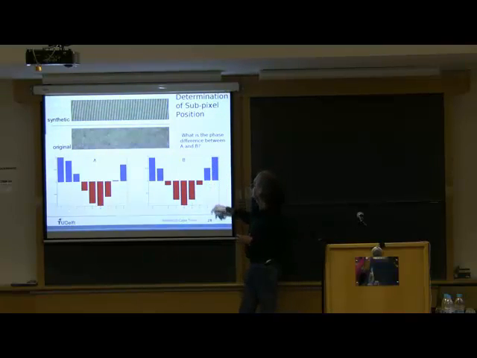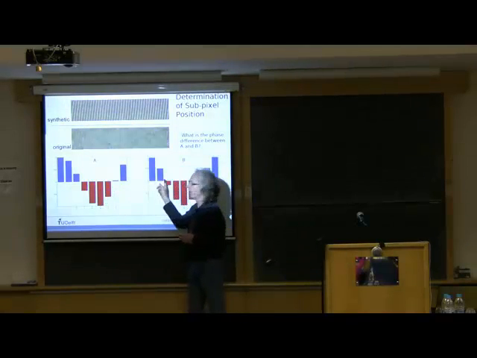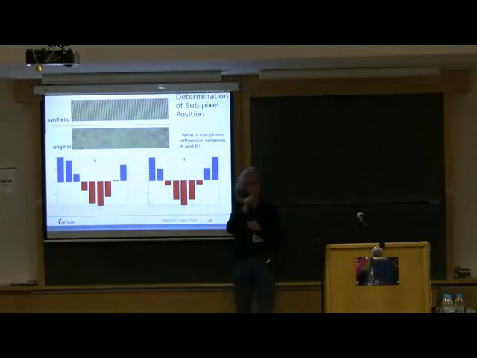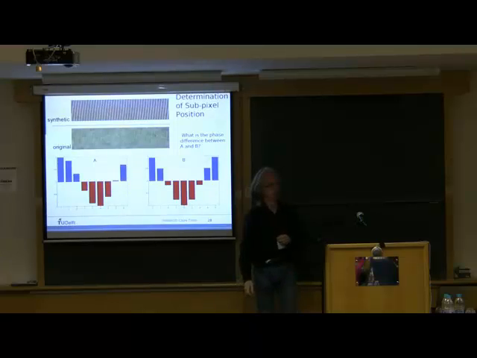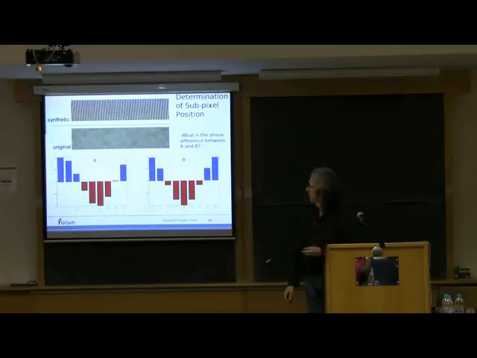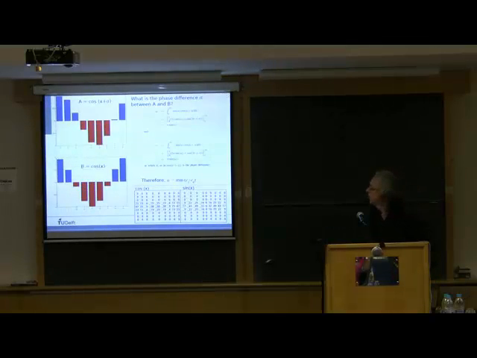What is the phase difference between this and that? This phase difference is my subpixel estimation. Okay. So what is the phase difference alpha between A and B, where A is cosine x plus alpha and B is cosine x, with unknown alpha?